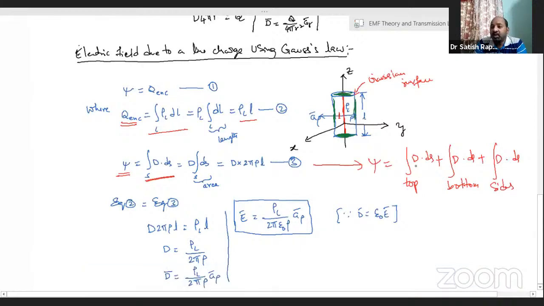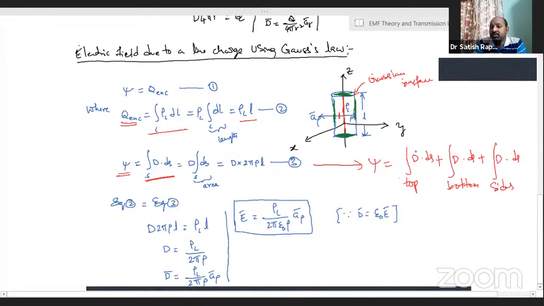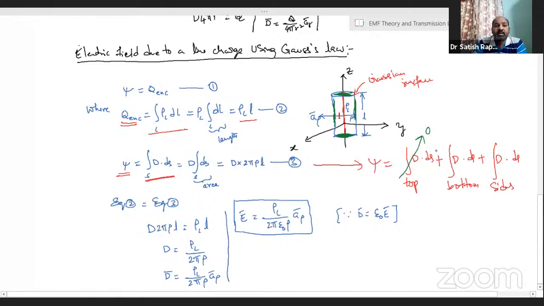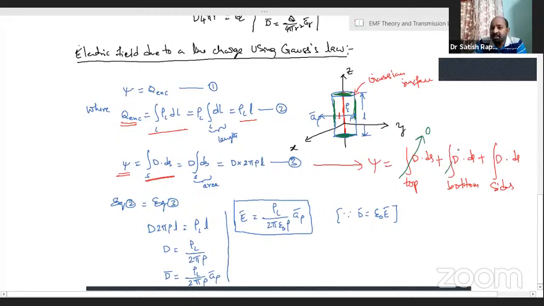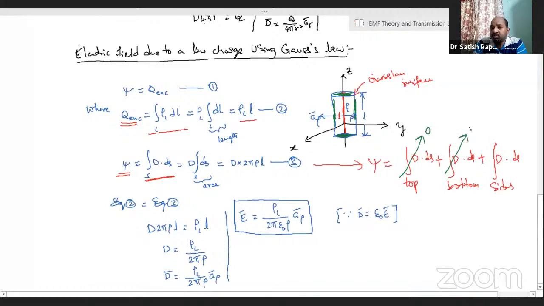Therefore, the integral D dot dS with respect to the top is 0, and the integral D dot dS with respect to the bottom is also 0. Why?